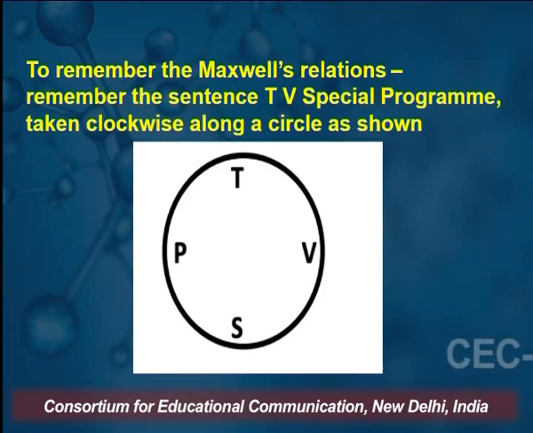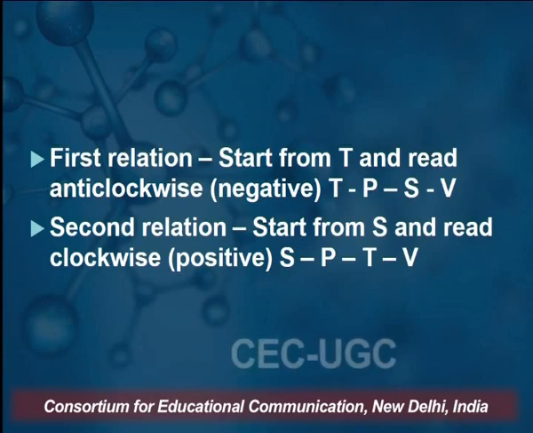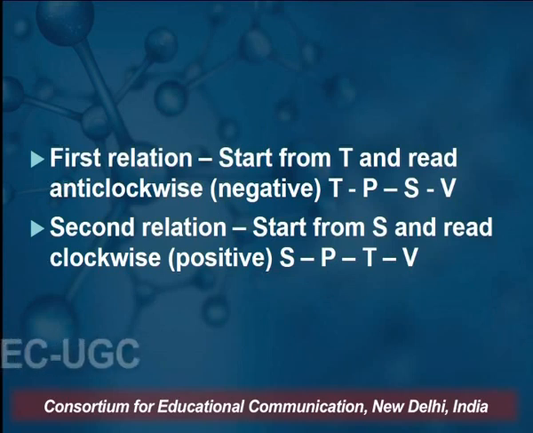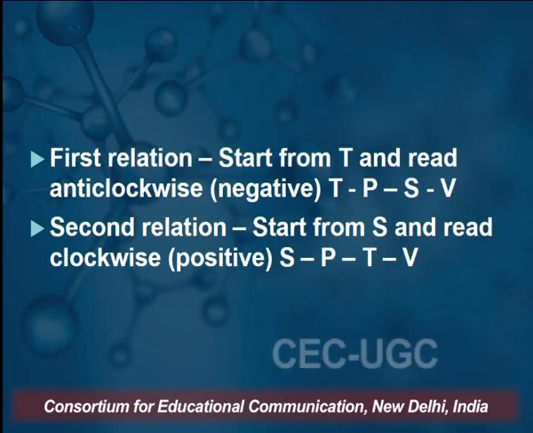T stands for temperature, V stands for volume, S stands for entropy, and P stands for pressure. To derive or to write down the first relation, we start from T and read anti-clockwise. Whenever we read anti-clockwise, we have to take the negative sign. So we have TPSV.